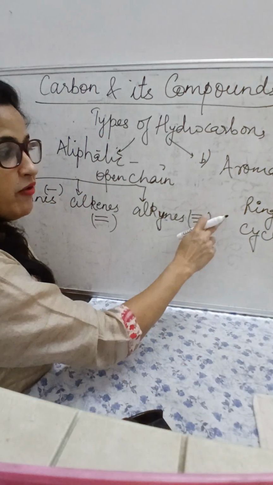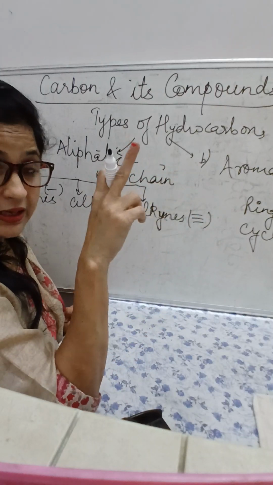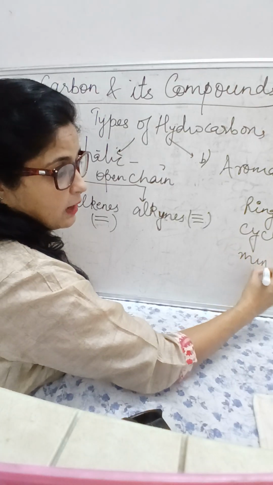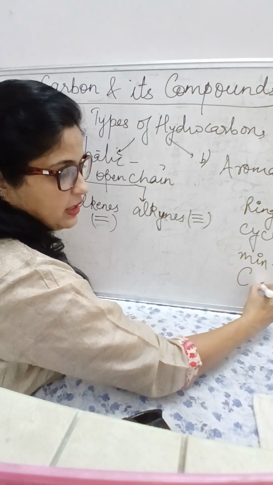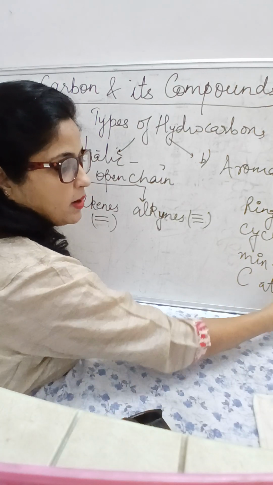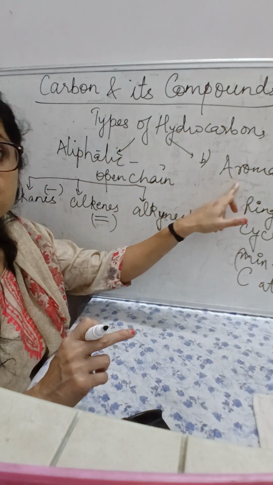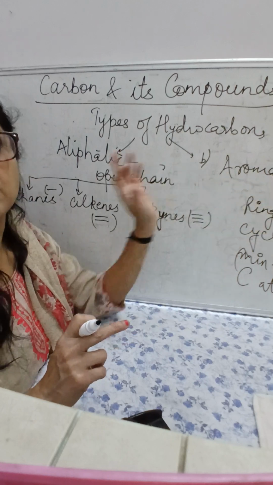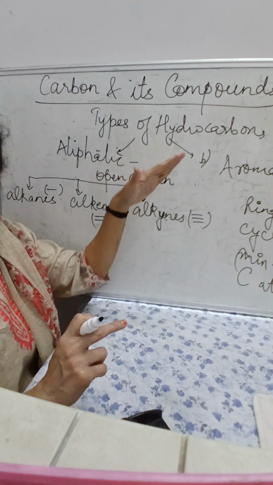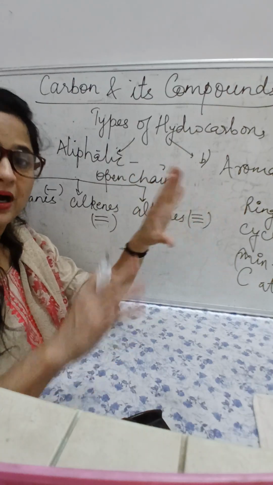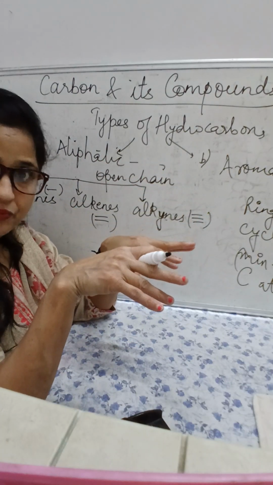It has a ring and cycle basically, and this requires a minimum of 3 carbon atoms. Minimum 3 carbon atoms to form a cycle, a ring. That is why it has been given the name aromatic compounds. So there are two types of hydrocarbons, aliphatic and aromatic. Aromatic are the ring-shaped structures.